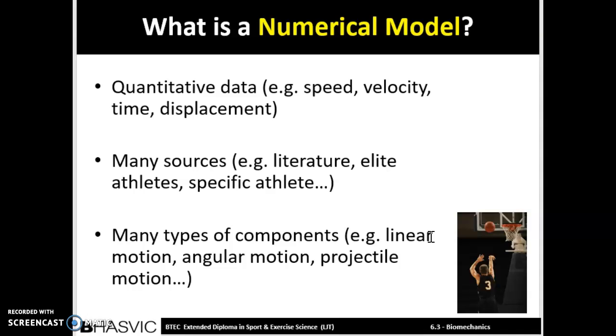And projectile motion would be something like the ball travelling to the hoop in a basketball shot, as the basketball is the projectile. And we're just looking at linear motion for this presentation.